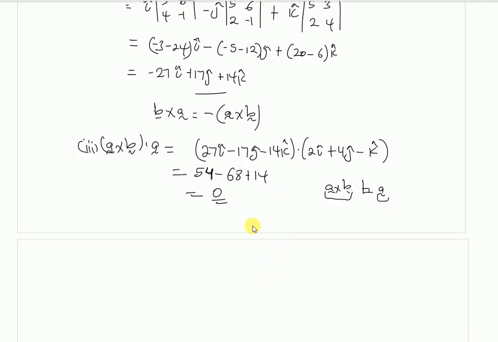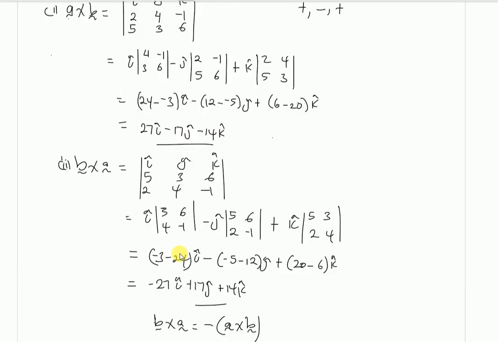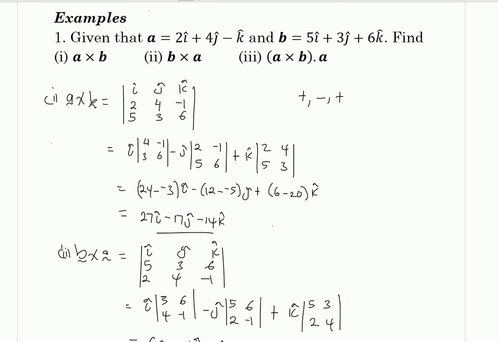You can check this: if you get A cross B and dot it with B, you are also going to get a 0, because A cross B is perpendicular to both A and B. That is what we have there.